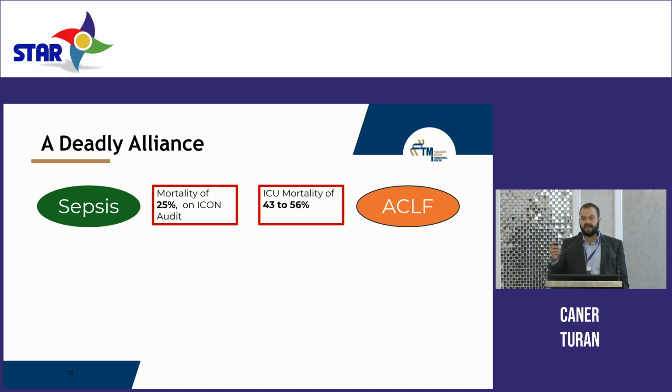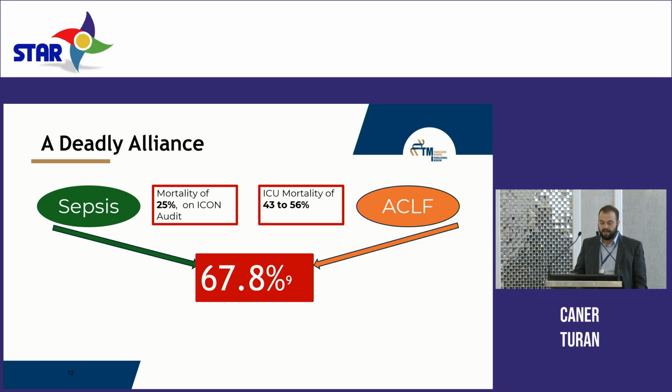Both sepsis and acute on chronic liver failure on their own represent a high margin of mortality in the ICU, but when they come together, the mortality rate increases to up to 70%. These people are very sick and they are in need of a lot of help.